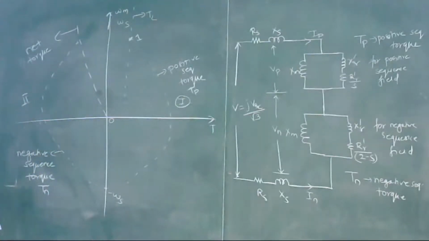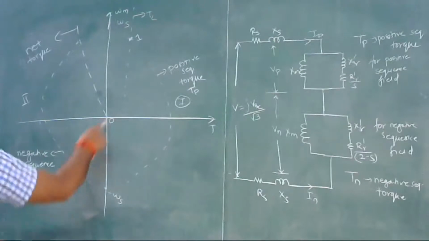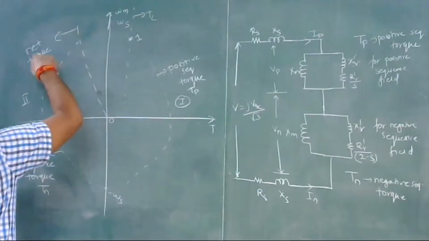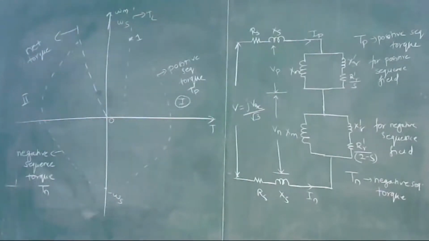So for positive speed, torque should be negative.